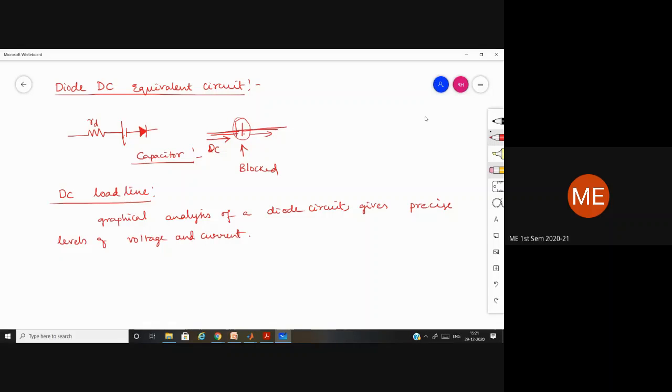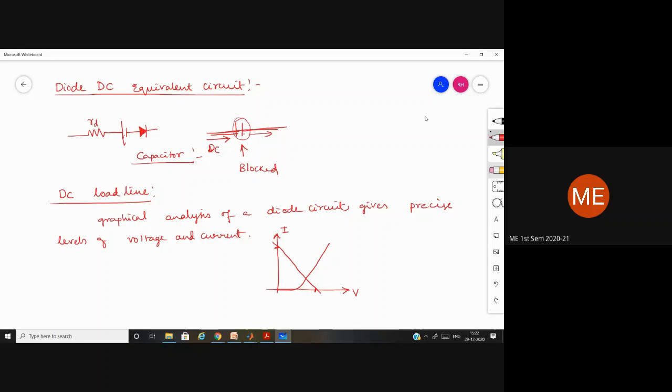So in the DC load line, what we are going to do is take the same VI characteristics. This is the voltage, current. We have a VI characteristics like this, and we take one point along V, we take a point along I, and we join them.